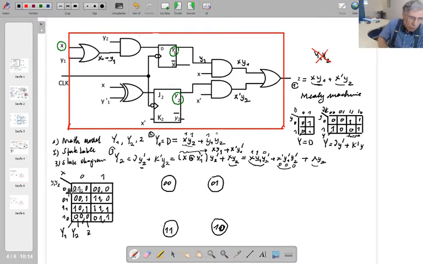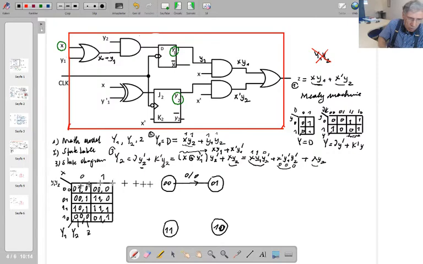So look at the first row here, present state 0, 0. If your input is 0, your next state is 0, 1. So it is like that, isn't it? If your input is 0, your output is 0, so it's like that. So let me repeat it once again.